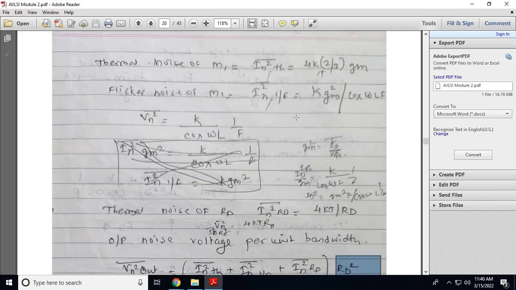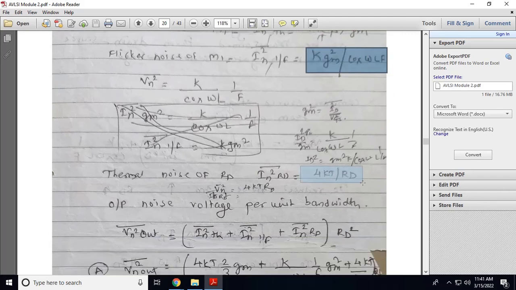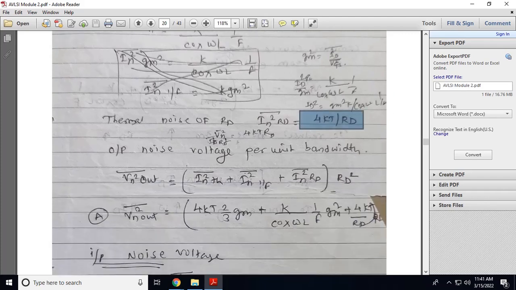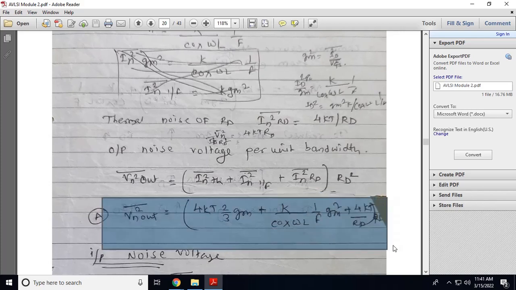So this is the thermal noise of the transistor, this is the flicker noise of the transistor, and this is the thermal noise of the resistance. This is the output voltage equation for the common source amplifier.